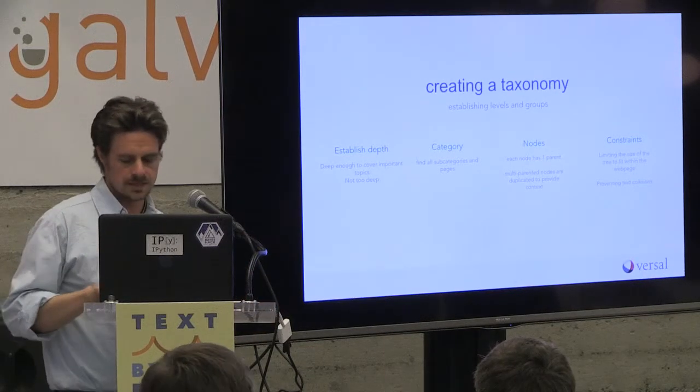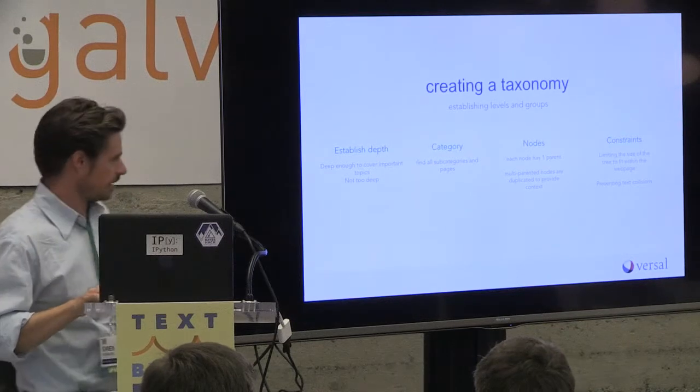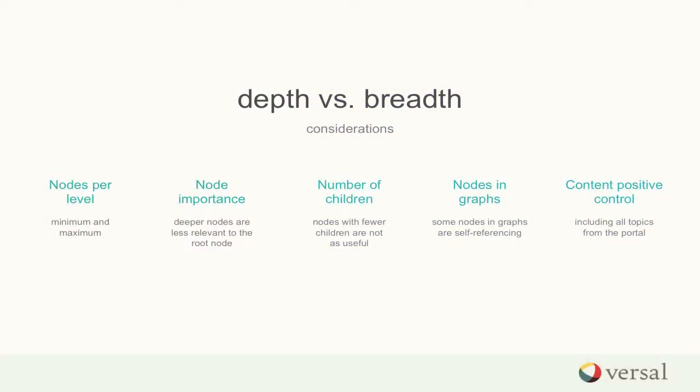So we came up with a few rules on how to include and exclude different branches. We're calling it the depth versus breadth criteria. What we do over here is we establish a few rules that are based on the visualization criteria. Okay? So we take a look at how many nodes we have for each level.